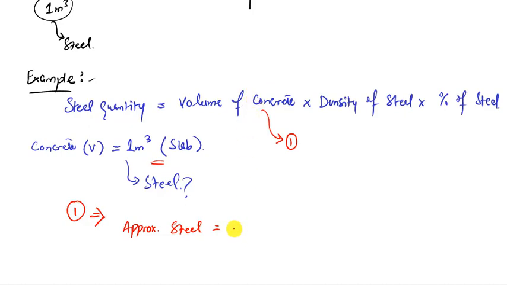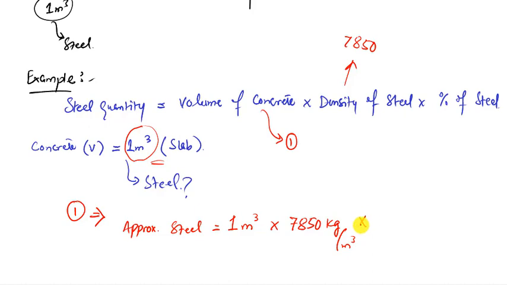So volume of concrete as mentioned here is 1 meter cube, right? So 1 meter cube of concrete multiplied by density of steel. What is the density of steel? Density of steel is 7850.50 kg per meter cube.